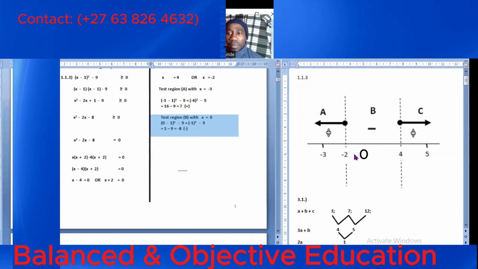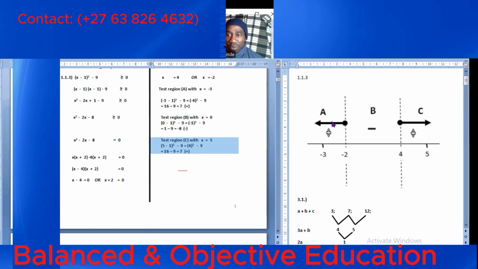Now, let's test for region C. For region C, we will use a value of +5, since 5 is to the right of +4. So if we substitute 5 into this equation, we will get +7. So which means that all values of x greater than 4 will result in this inequality being positive.